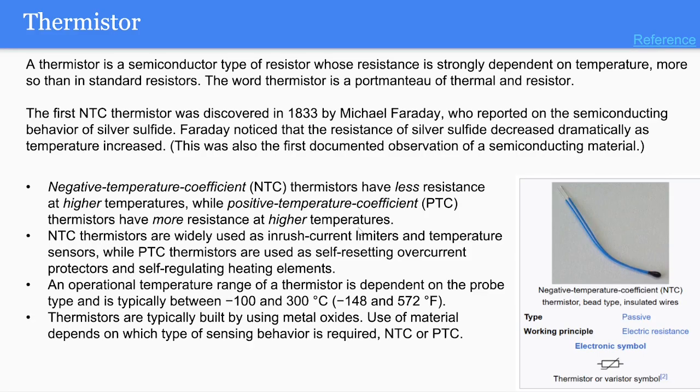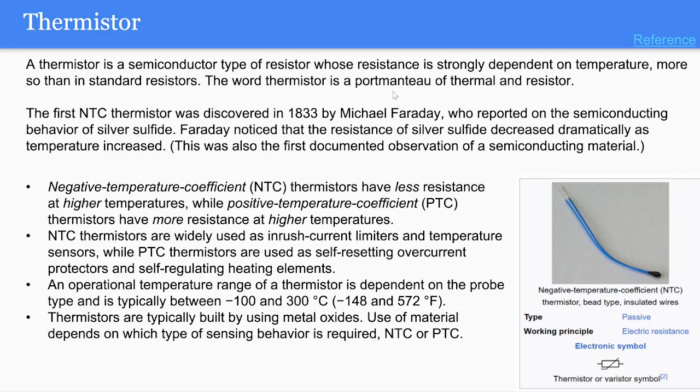So now let's move on to thermistors. So what is a thermistor? As I told you right in the beginning, it's a combination of two words, therm for temperature or thermometer, and resistor, combining these two together is the word thermistor. A thermistor is a semiconductor type of resistor whose resistance is strongly dependent on temperature, more so than in standard resistors.